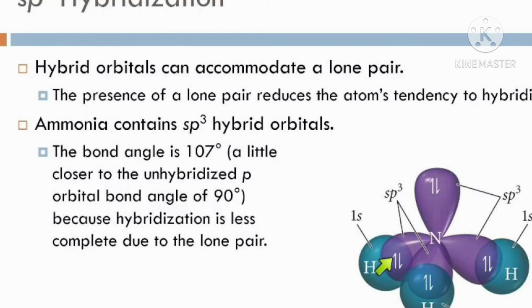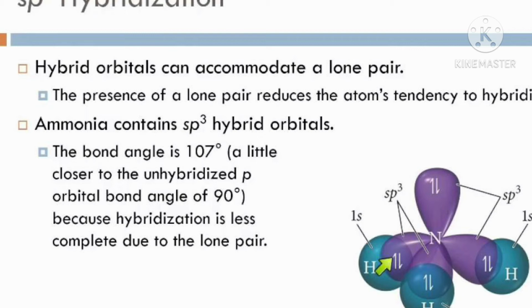So, the total hybrid orbitals are 4. According to Hund's rule, each orbital should be filled with 1 electron first, and only after that should pairing start. So, in the 4 sp3 hybrid orbitals, one sp3 hybrid orbital is filled with 2 electrons and the rest of the 3 hybrid orbitals are filled with 1 electron each.